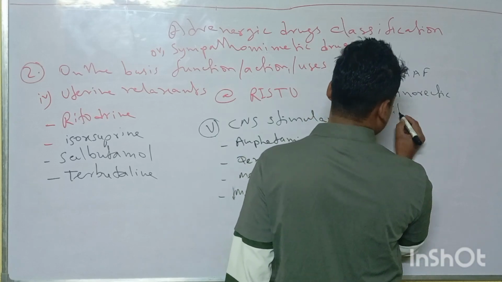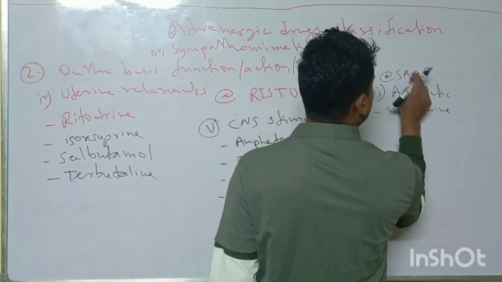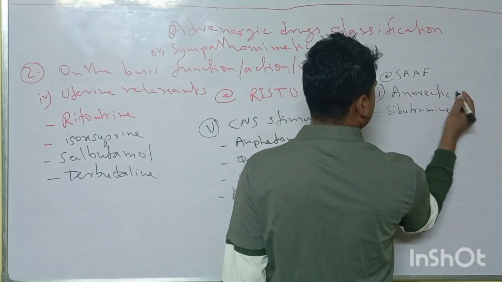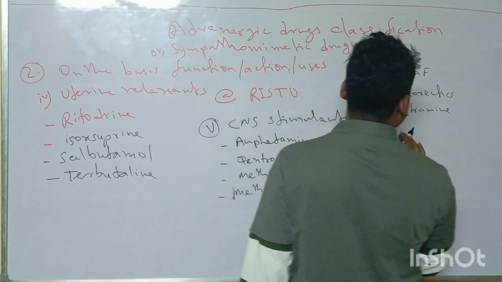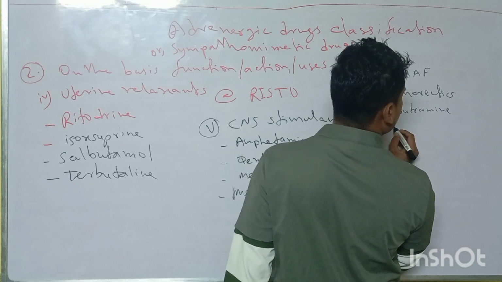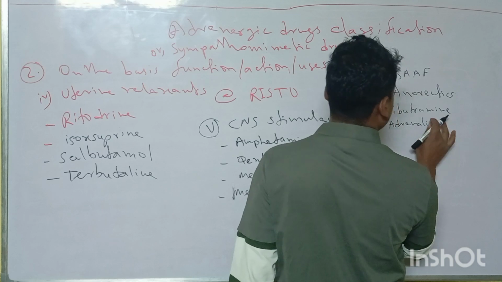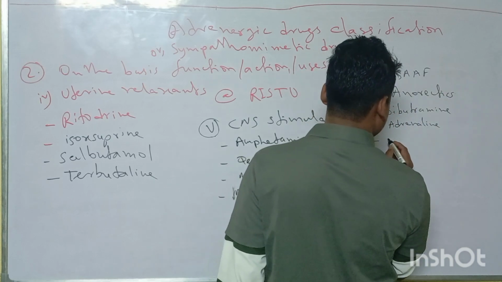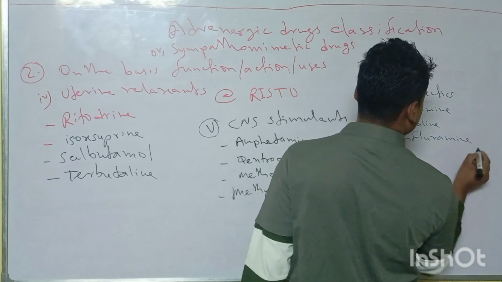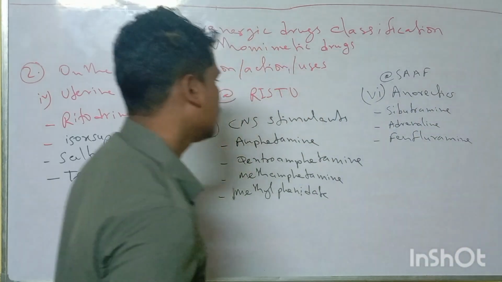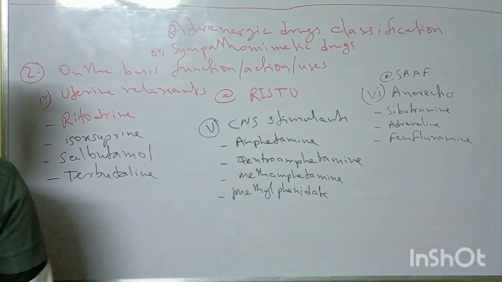S for sibutramine, one A will stand for anorectics, and another A will stand for adrenaline, and F will stand for fenfluramine. Move to the other types.